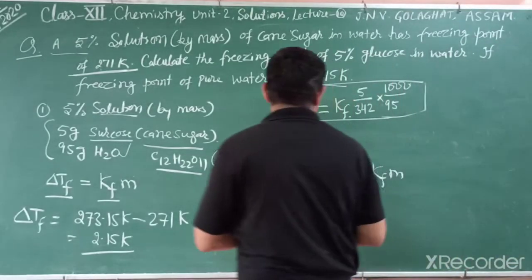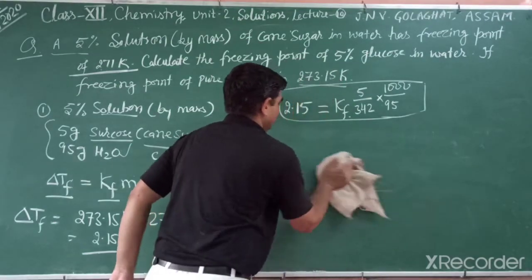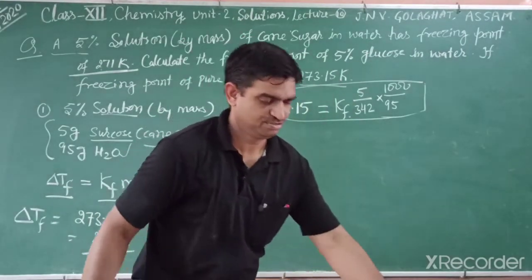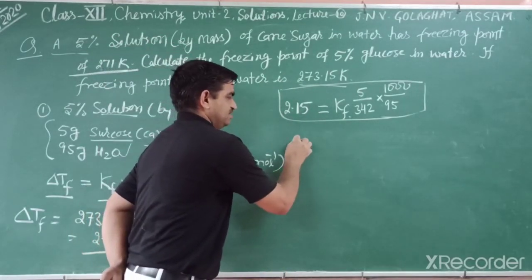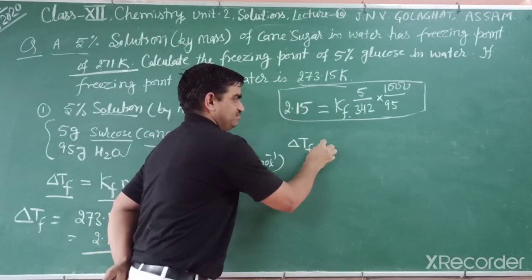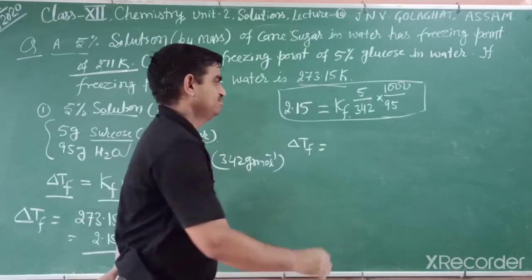The other one is glucose. Glucose is also 5%, but its delta Tf we have to find out, and Kf we don't know.